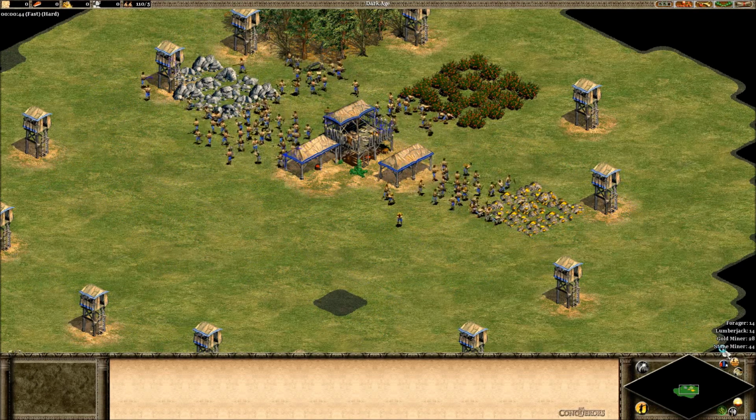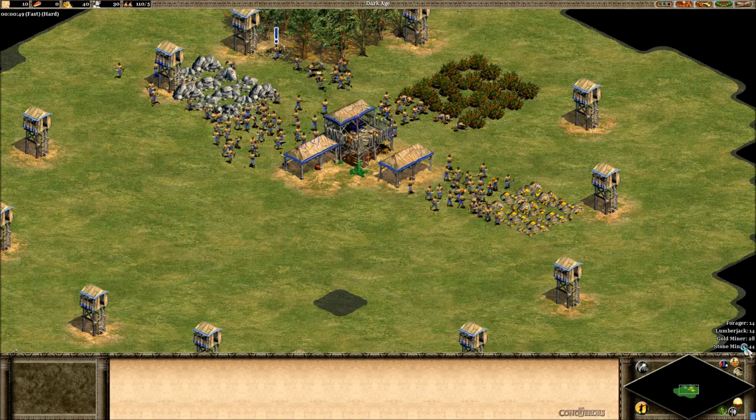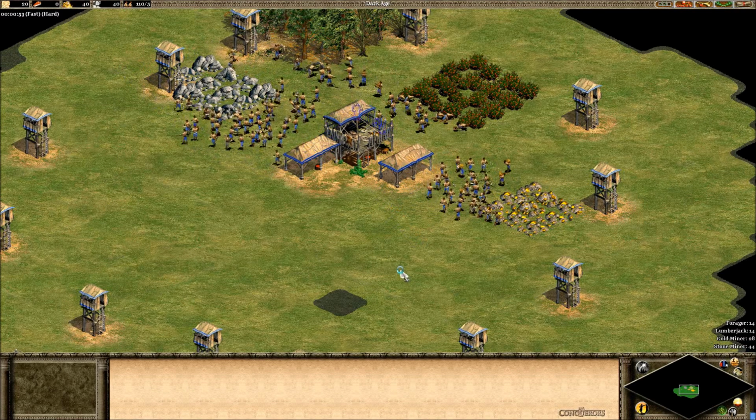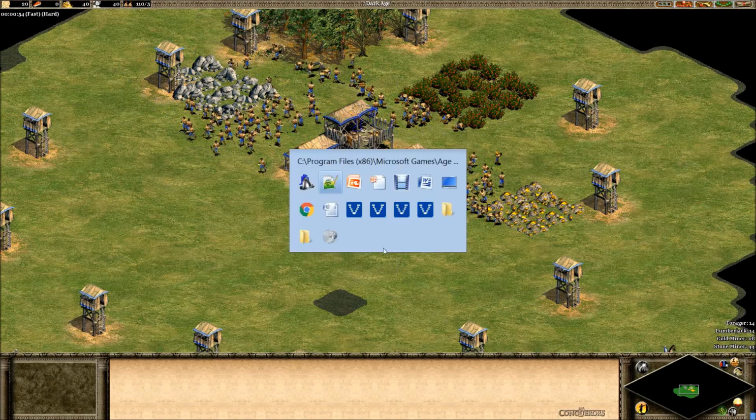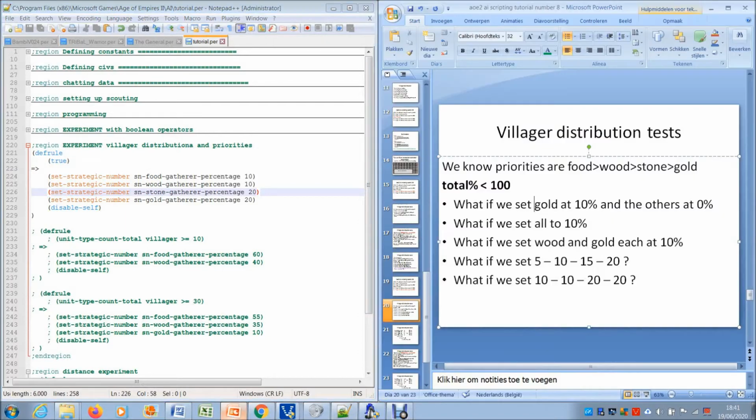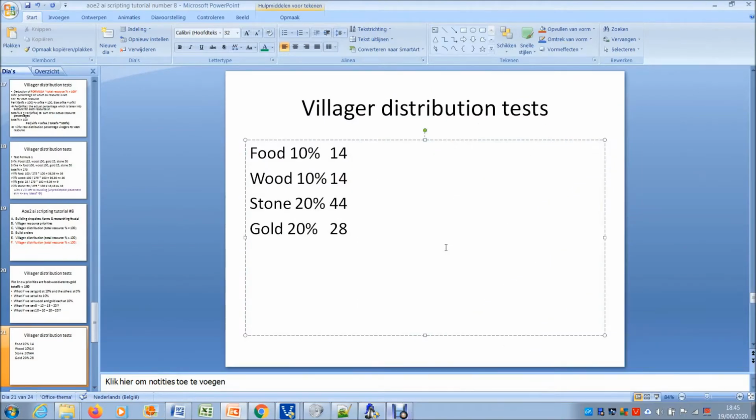Stone has a higher priority than gold, so it gets an extra bulk number of villagers. These seem very unpredictable numbers. In the last experiment, we put food at 10%, wood at 10%, stone at 20%, gold at 20%, and this gave the resulting villager distribution 14, 14, 44 and 28, which totals 100, of course.